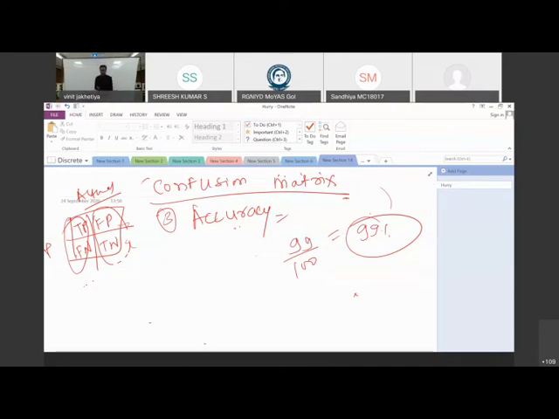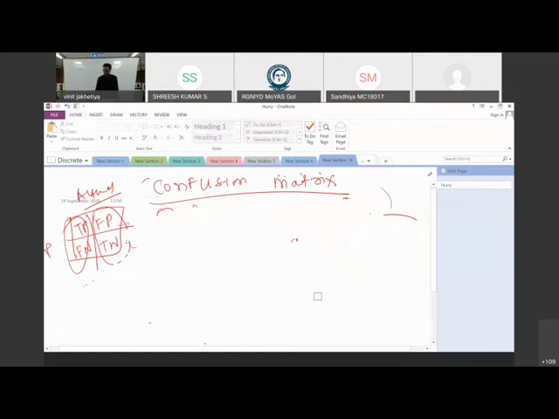In order to resolve the issues associated with accuracy, we generally use one more indicator of classification performance, which is generally called recall and precision. The recall and precision formulas are pretty simple.